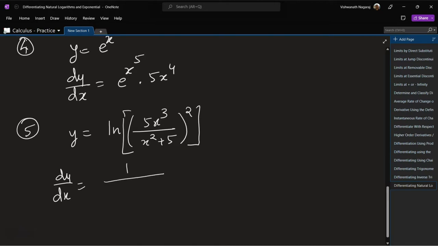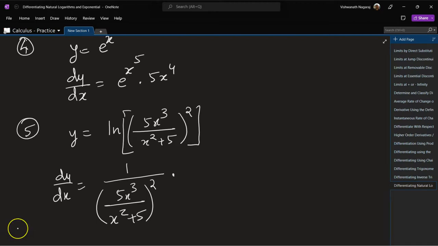So 1 by (5x cubed by x squared plus 5) squared times. Now we have to take care of what is there in the square bracket. So 2 times (5x cubed by x squared plus 5) to the power 2 minus 1, that is 1.